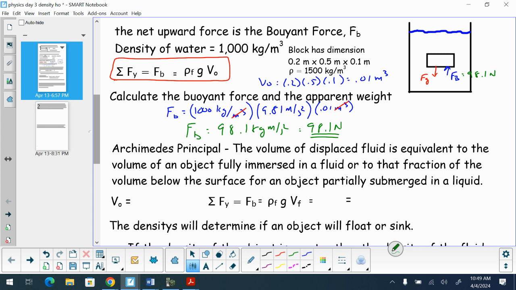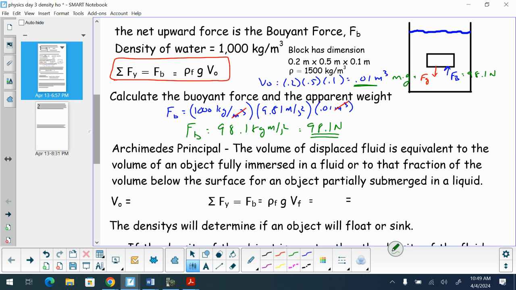What is gravity pulling down at? How do we find the force of gravity? That's just our weight, so we have the mass of this object times gravity. What we have to do is calculate the mass of this object. We calculated that our volume is 0.01 cubic meters.